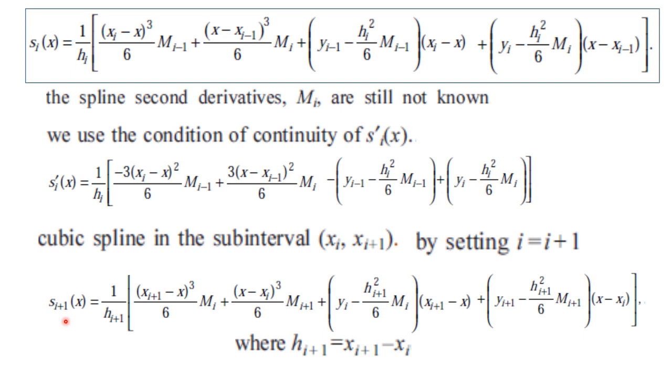So si plus 1 of x is equal to, with all i's replaced by i plus 1, 1 by hi plus 1 times [(xi plus 1 minus x) whole cube by 6 mi, plus (x minus xi) whole cube divided by 6 mi plus 1, plus yi, hi plus 1, mi, xi plus 1, yi plus 1, hi plus 1, mi plus 1, and xi].